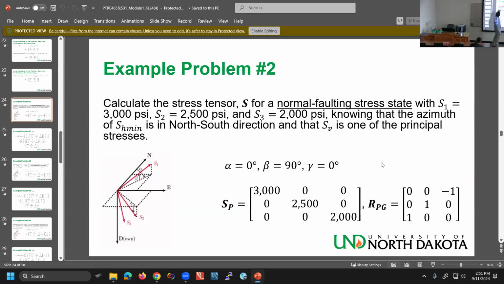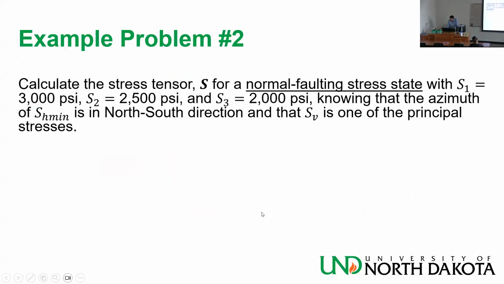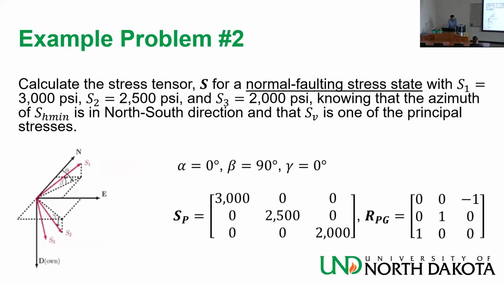And now my SP matrix, which is the principal stress matrix, would be in this form, as we learned before. SP as the principal stresses. I know that SV is a principal stress, and I have Andersonian faulting stress state, S1, S2, S3. Everything else is 0.